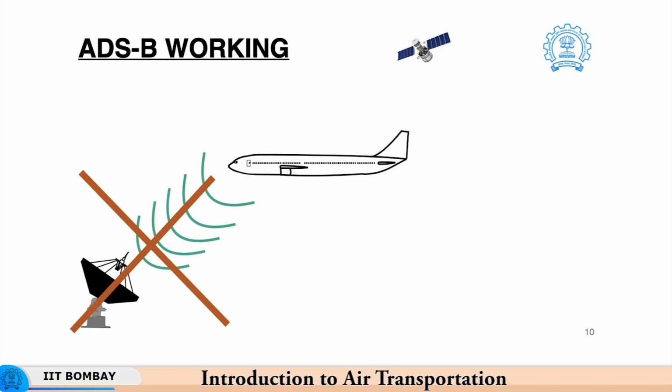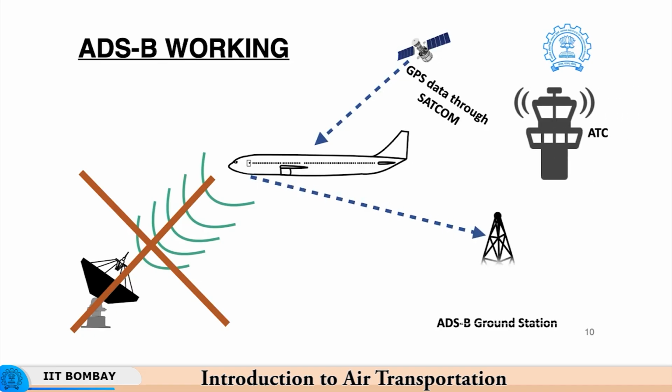the satellite communication system. So, what happens is that the aircraft obtains the GPS data from the SATCOM, and within the flight management computer of the system, this data obtained from the SATCOM as well as the data obtained from the other sensors on board the aircraft are combined together, and these are subsequently sent to the nearest ADSB ground station.